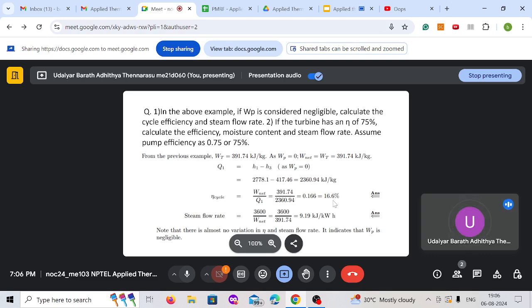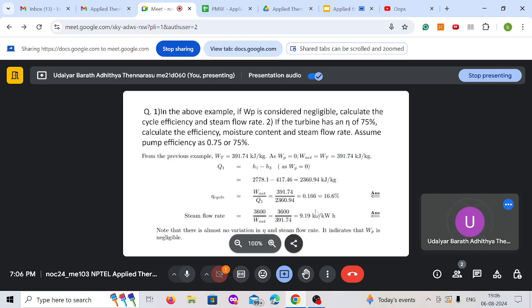Now to find the steam flow rate, it's again 3600 divided by the net work. So net work is the turbine work, so 3600 divided by 391.74, which gives 9.19 kilojoule per kilowatt hour.